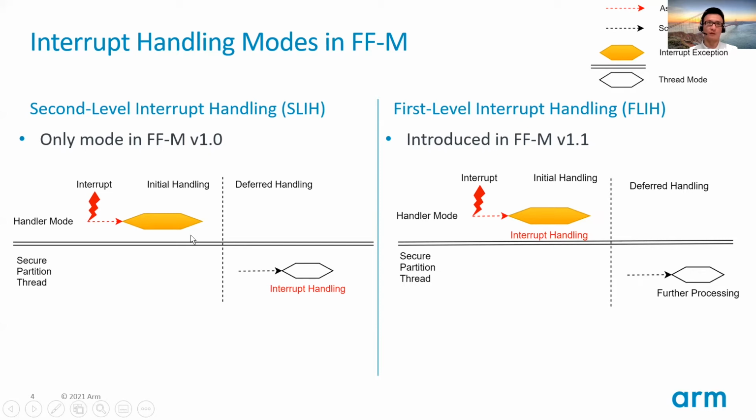For example, if some other higher priority secure partitions are running, or the secure partition that handles the interrupt is itself busy with other work, then there will be a huge delay after the interrupt occurs.